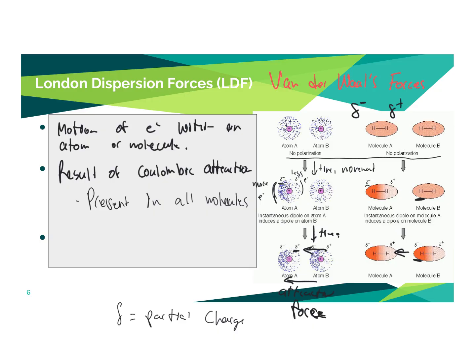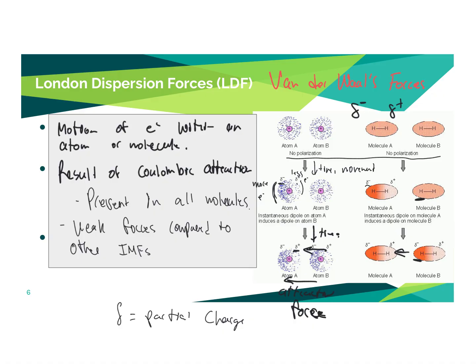So if you are ever stuck on thinking about what kind of intermolecular forces you're feeling in your molecule, well, London dispersion forces will always be present. They're also typically weak forces compared to other IMFs. They're always present, but they're generally not the strongest if you have any other IMF present.